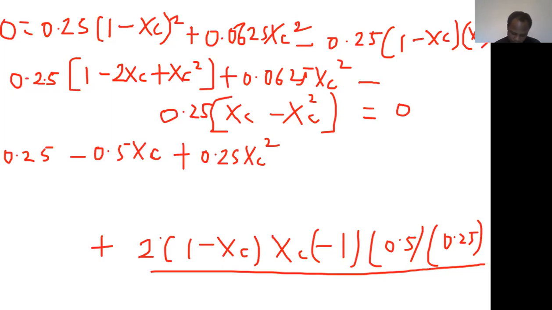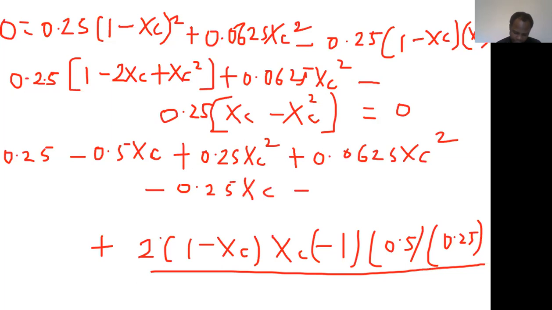And this one is also the same thing, plus 0.0625 XC squared. Then multiply this by this, that's going to be minus 0.25 XC minus 0.025 XC squared.